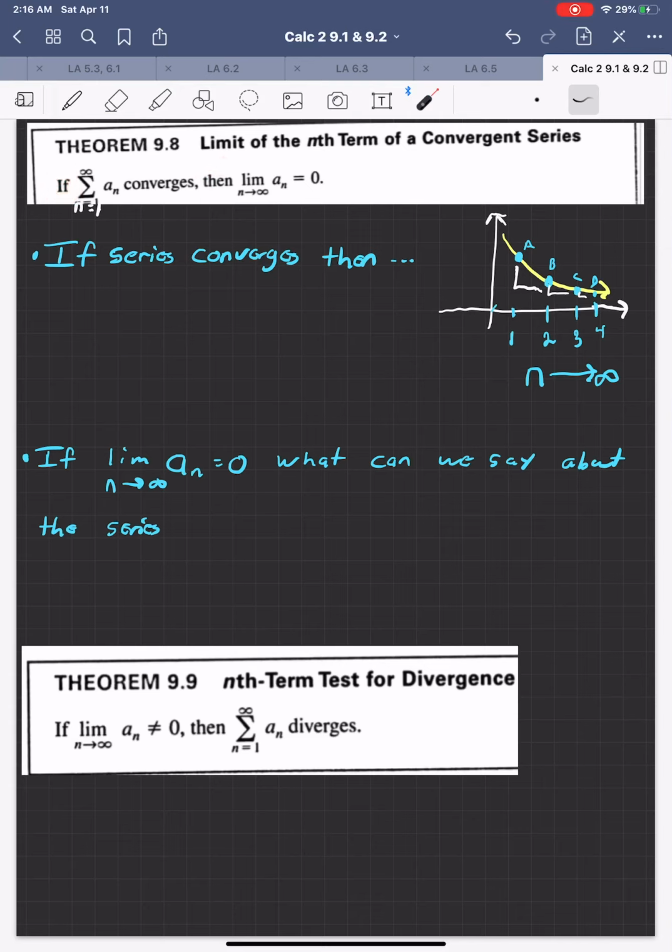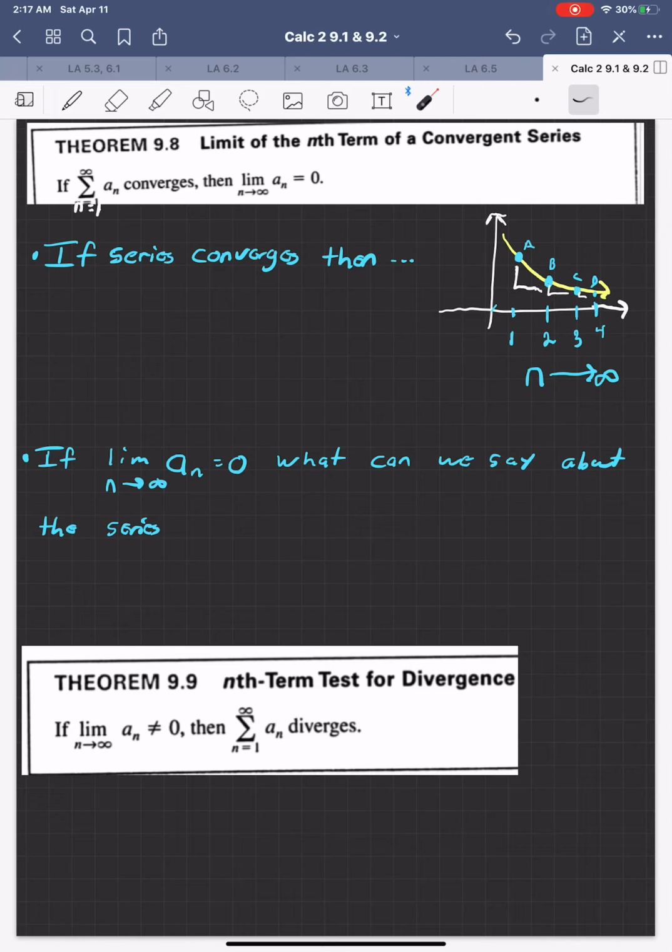This is what we assume. We assume that some series converges. Then the conclusion is the limit as n approaches infinity of a sub n must equal 0.